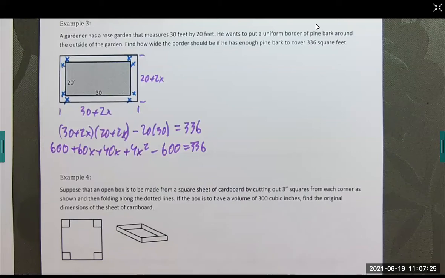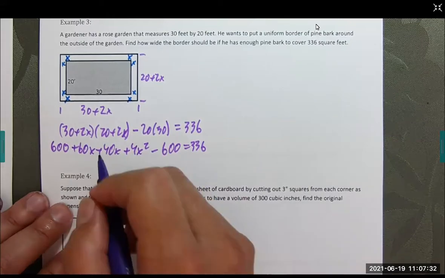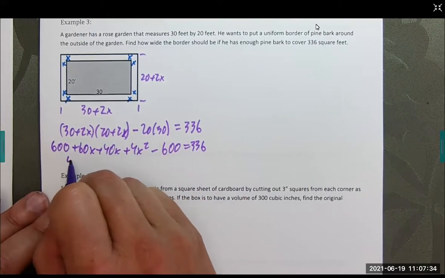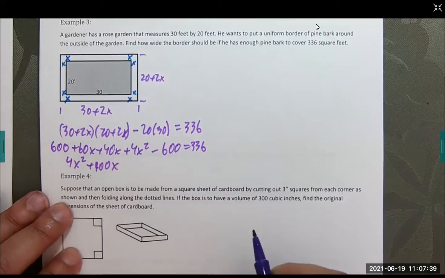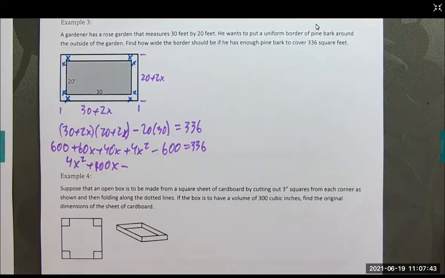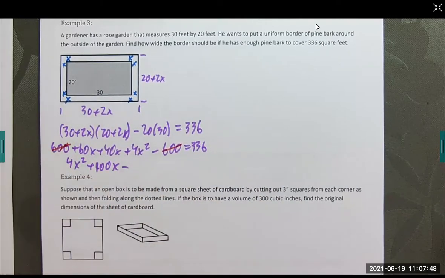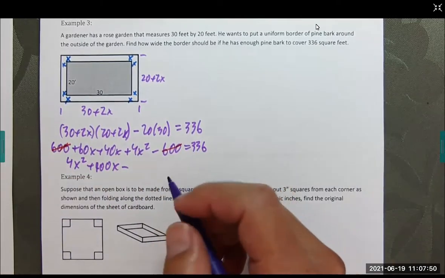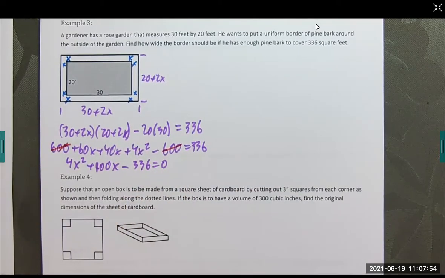And I'm going to notice that 600 minus 600, that works out well. And combining those up, I'm going to get 4x squared plus 100x. And subtract that over. Remember, these are gone. Minus 336 equals 0.